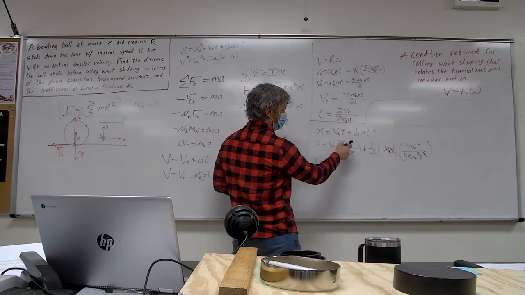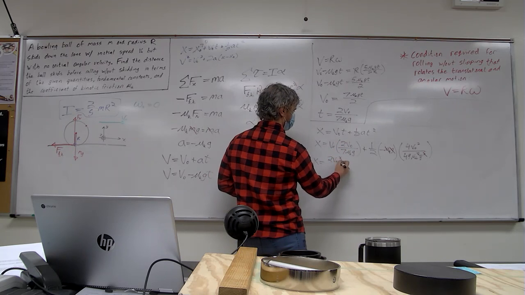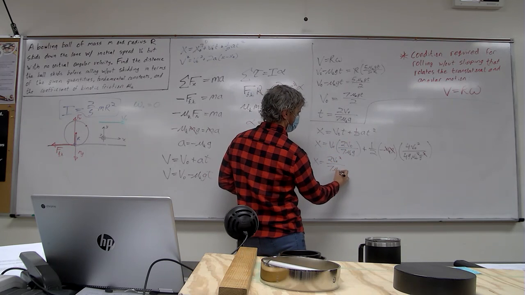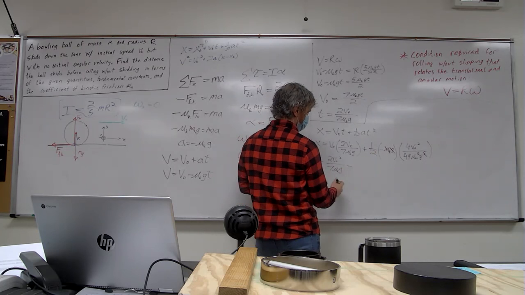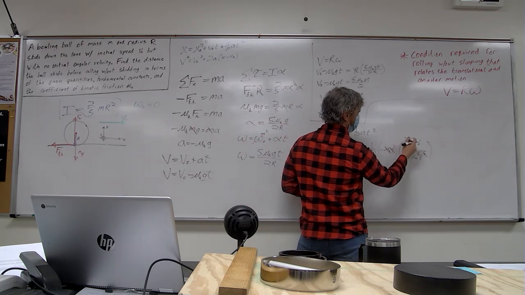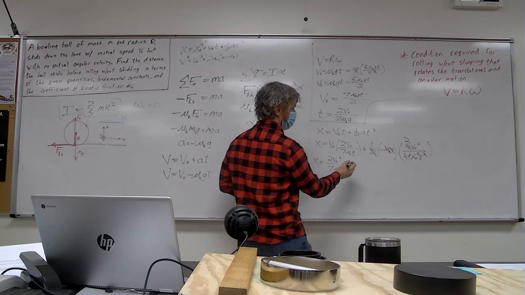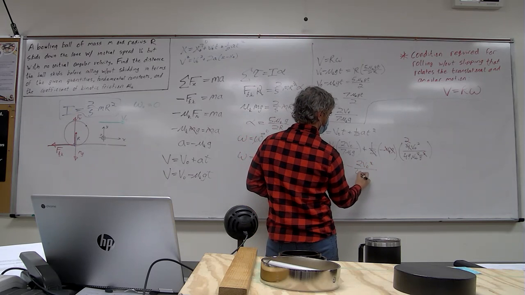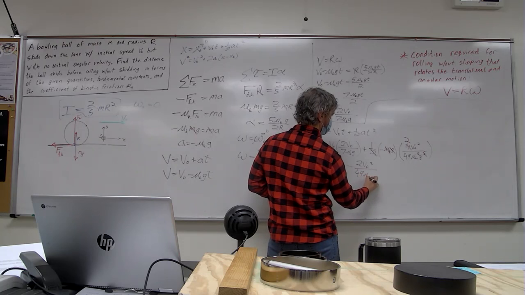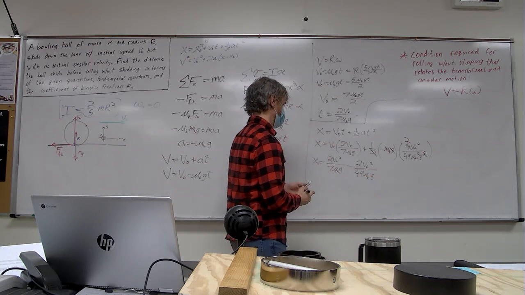So this is going to be 2 v naught squared over 7 coefficient of friction times g, minus, I cancel this 2 with that 4, leaving a 2 in the numerator, minus 2 v naught squared over 49 mu k g.